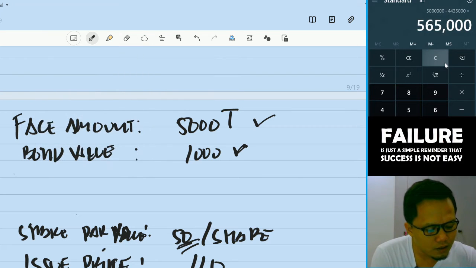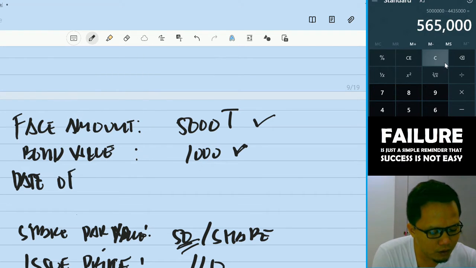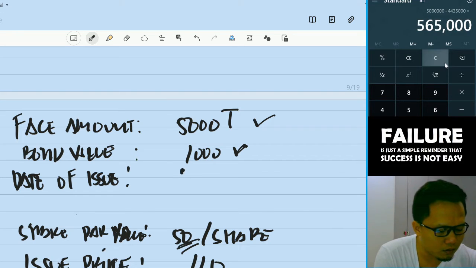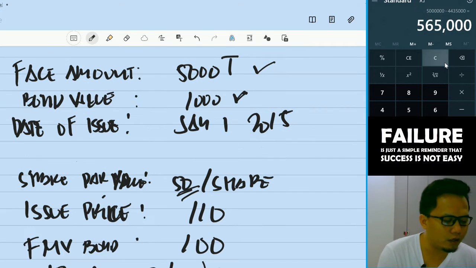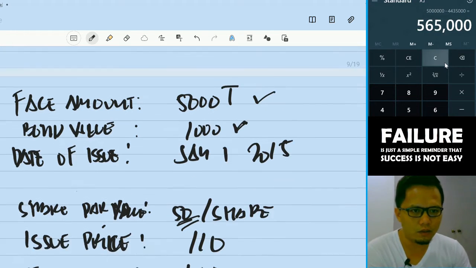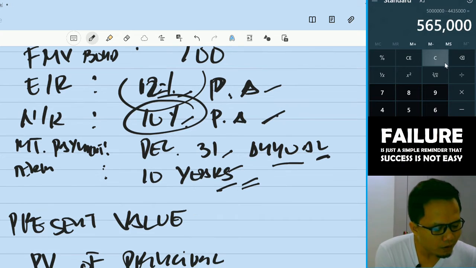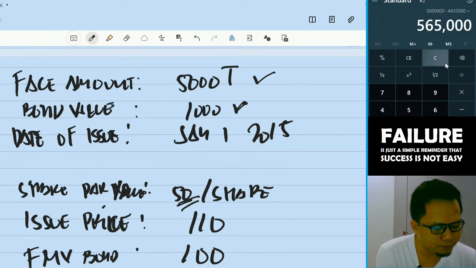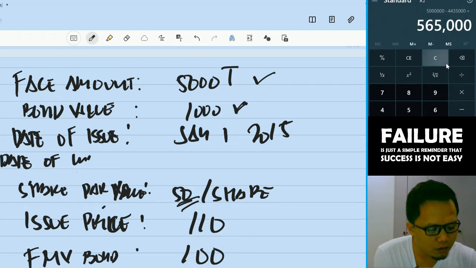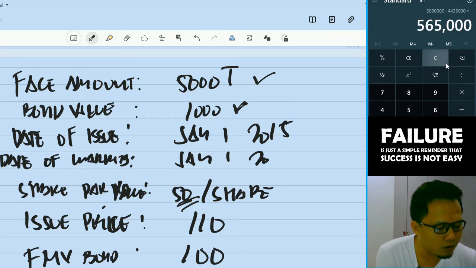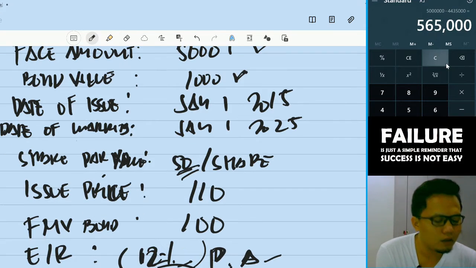So, let's add the date of issue, January 1, 2015. That means, since it is 10 years, the date of maturity is January 1, 2025.